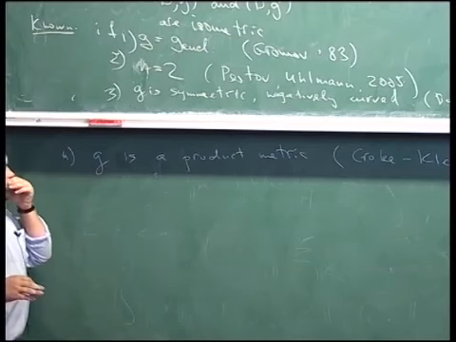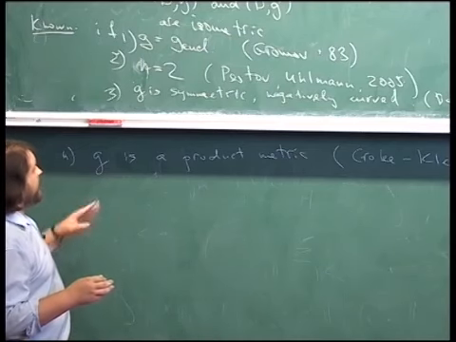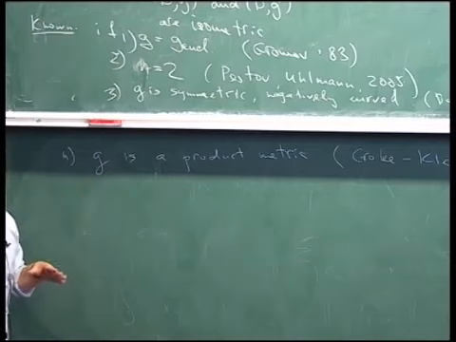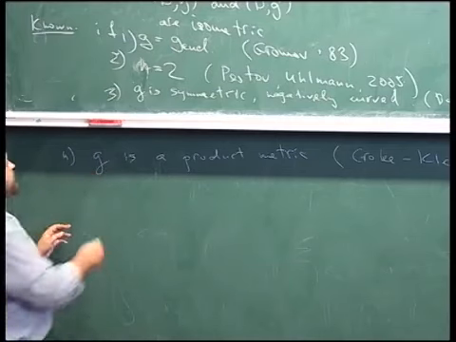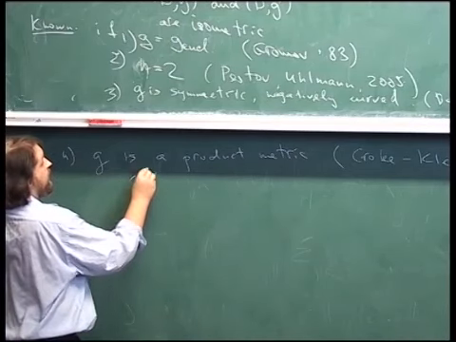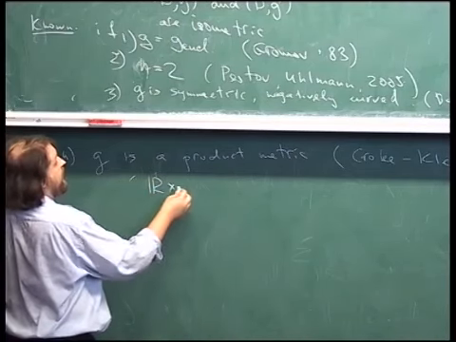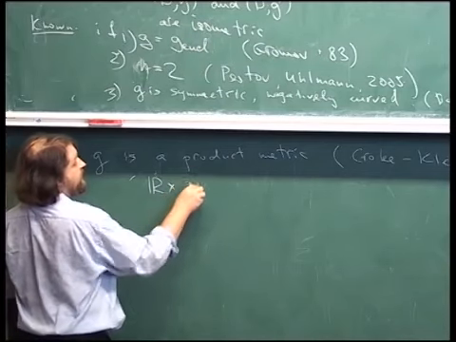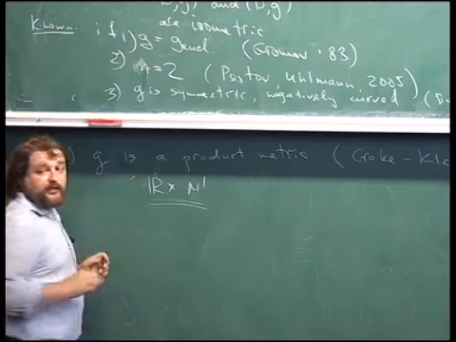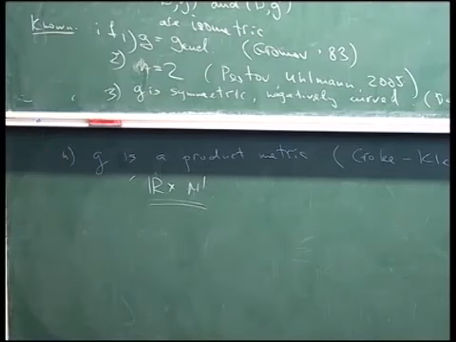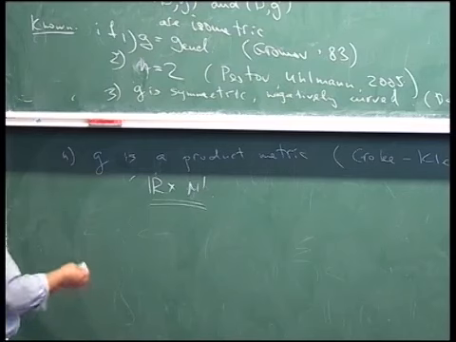Here it's a simple product, which means it's locally isometric to R times something. So if you can split off a line, then it's okay.